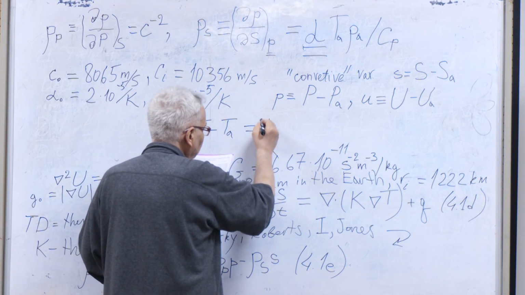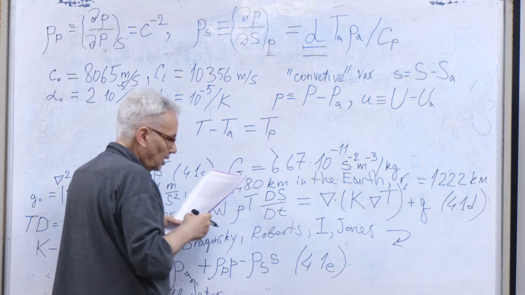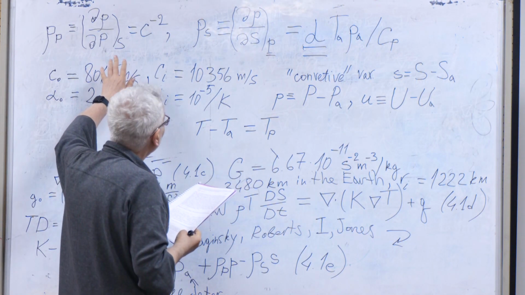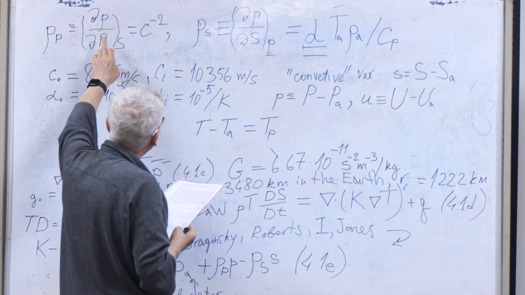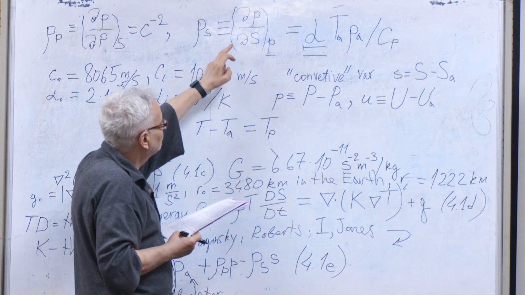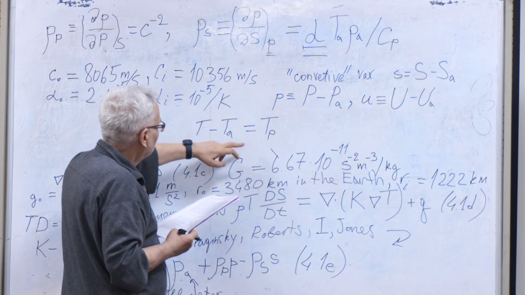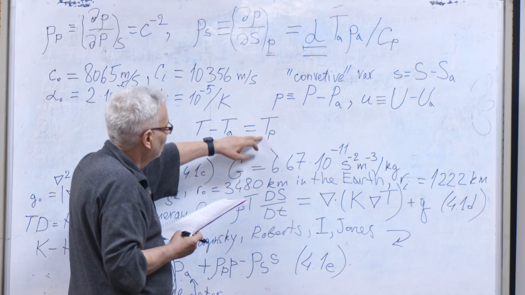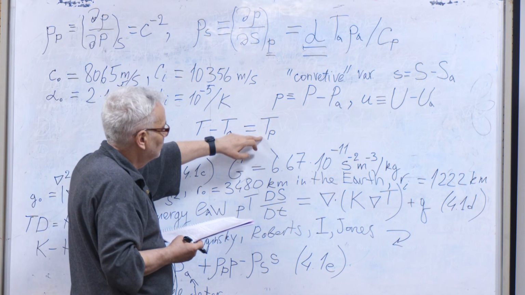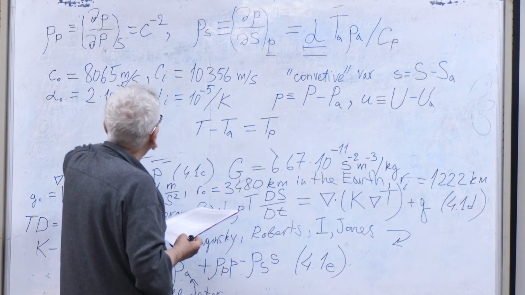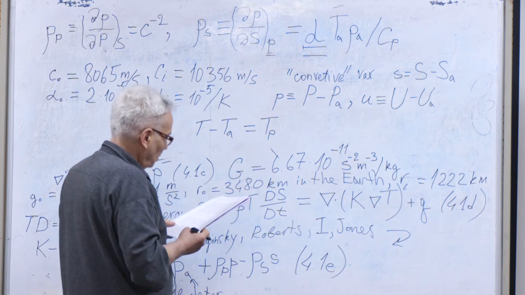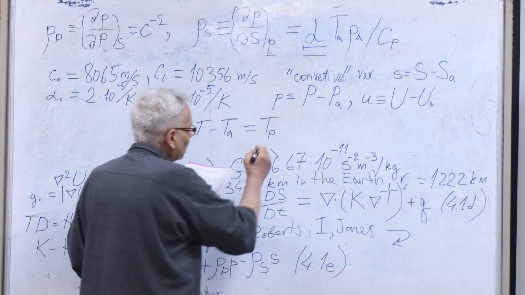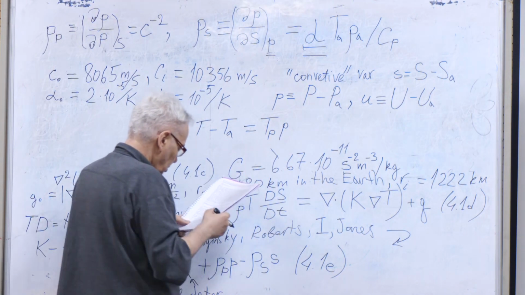In this case it will be T with index P, a thermodynamic variable. We play the same game: we take partial derivatives of T over s under constant pressure and multiply by small p.